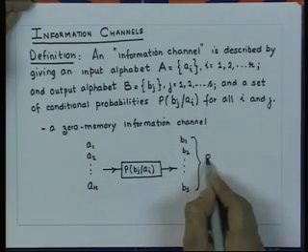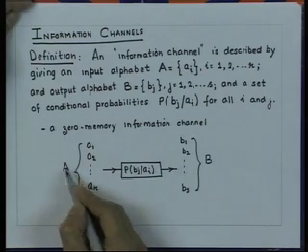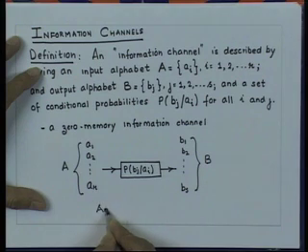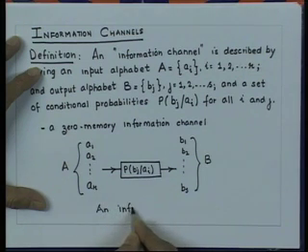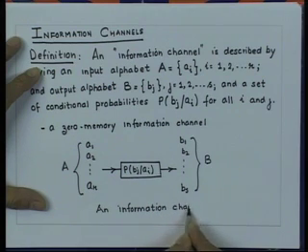This is our output alphabet B, this is our input alphabet A, and this we can say is an information channel.